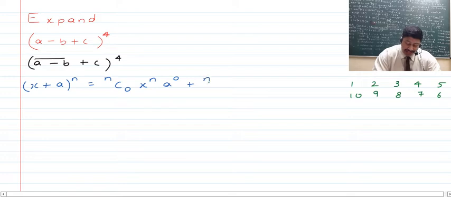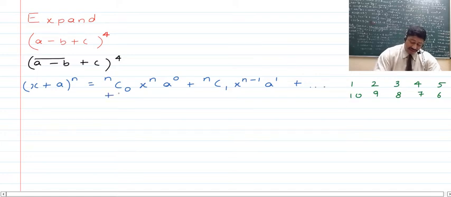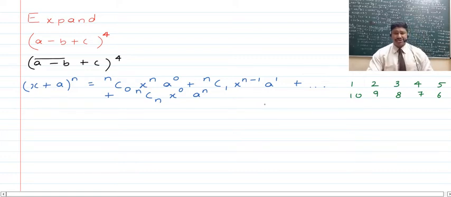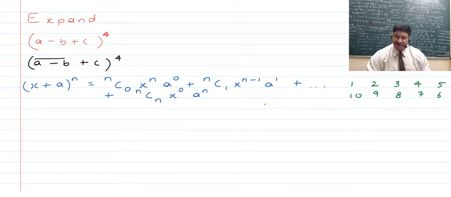To that we are going to add nC1 x raised to the power the difference of the superfix and the suffix, times a raised to the power 1, and then we keep adding the terms in order following this formula, right? And then we get to the last term, which is nCn x raised to the power 0 a raised to the power n. And this, children, is the expansion of the binomial theorem, which now we are going to apply to this trinomial, which has been converted to a binomial.